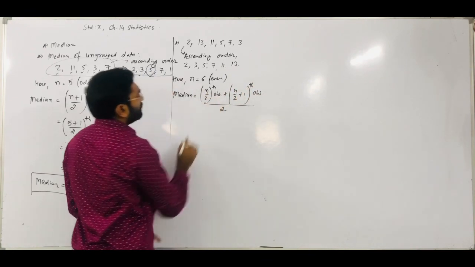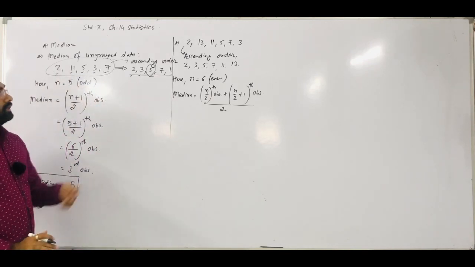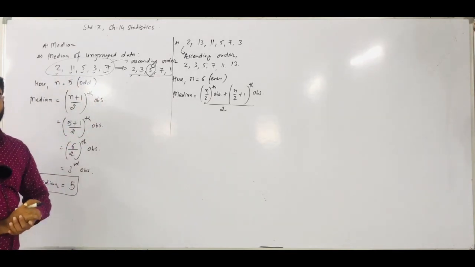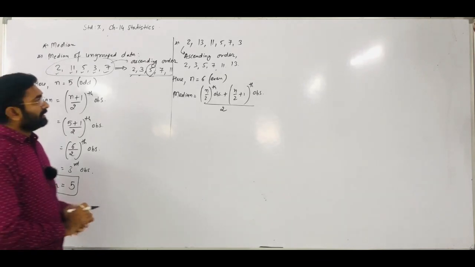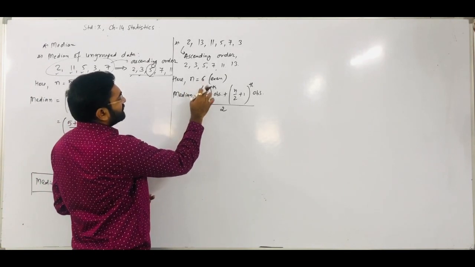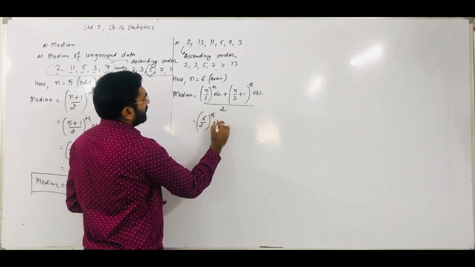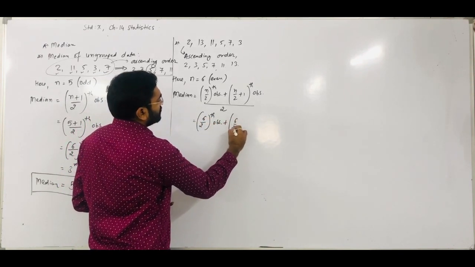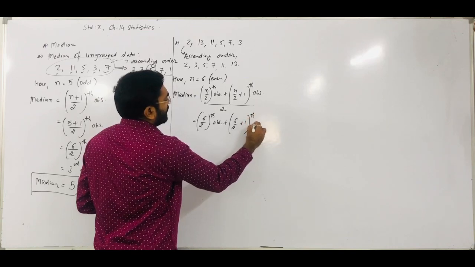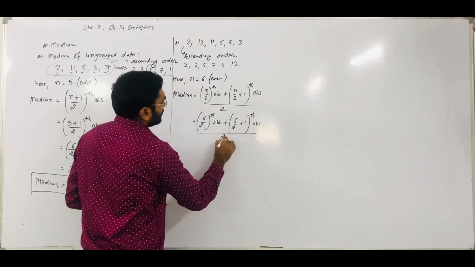This is the median formula for an even number of observations, used for ungrouped data. Now n here is 6, so in that formula we put 6 by 2 th observation plus 6 by 2 plus 1 th observation, divided by 2.